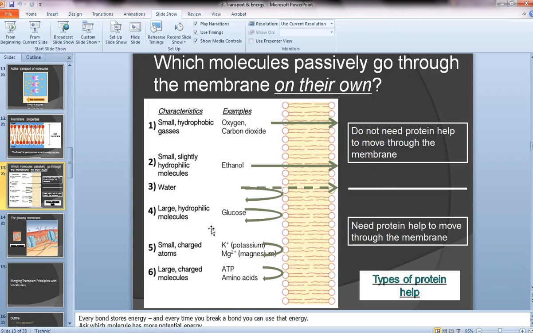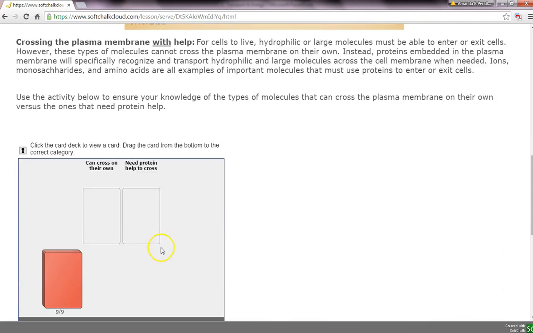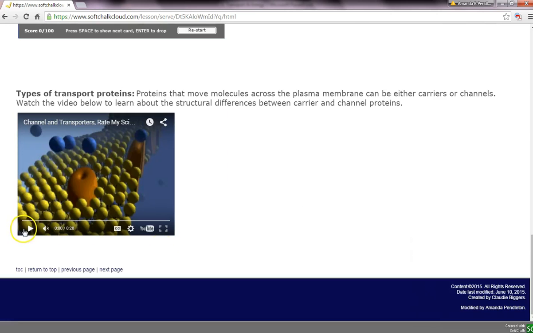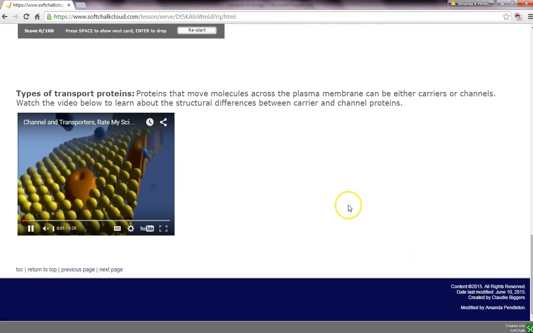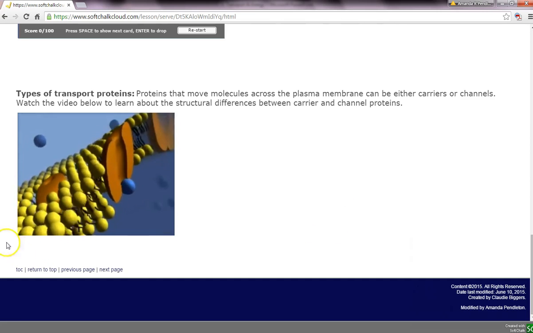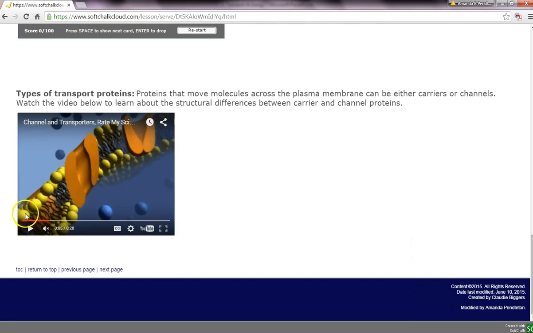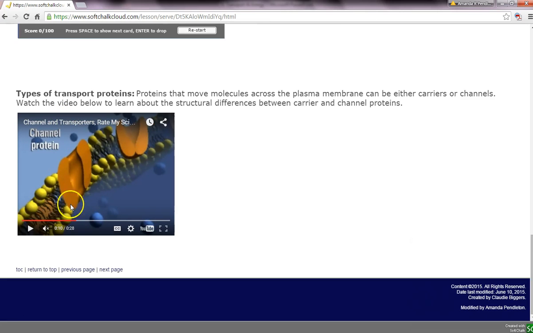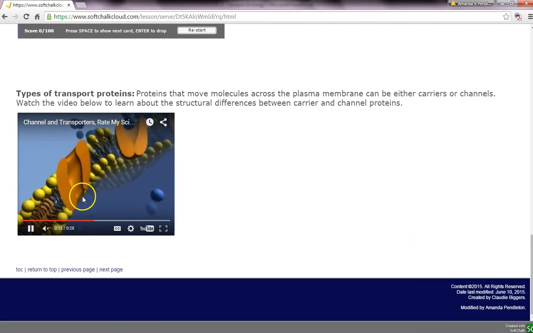Now let's take a minute. You have this video embedded in your homework lesson. So take a minute here and let's look at the two types of proteins that help us get things across. Now you notice here's our phospholipids. Here's our protein. And this one kind of looks like a donut almost, and the thing just goes through the hole. So it's like a little channel right through that membrane, and it's called a channel protein.